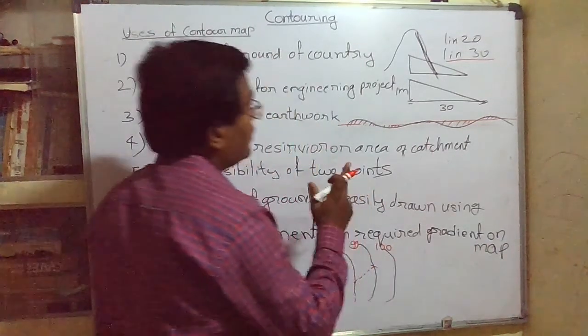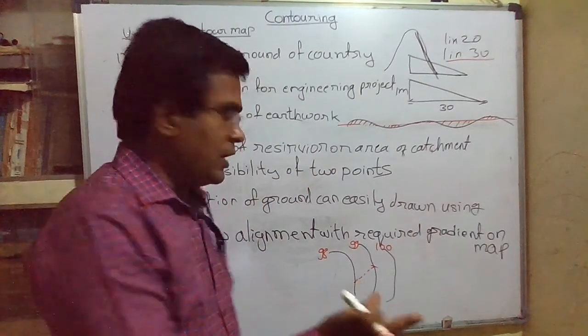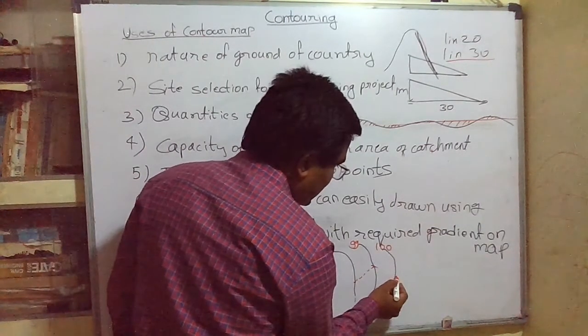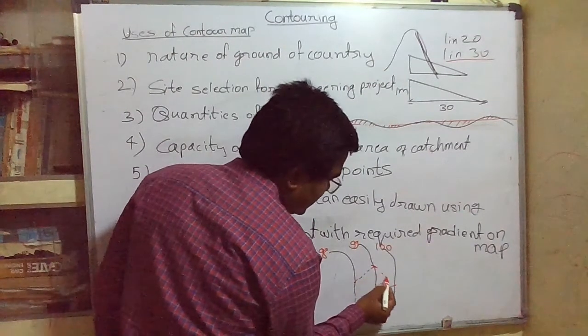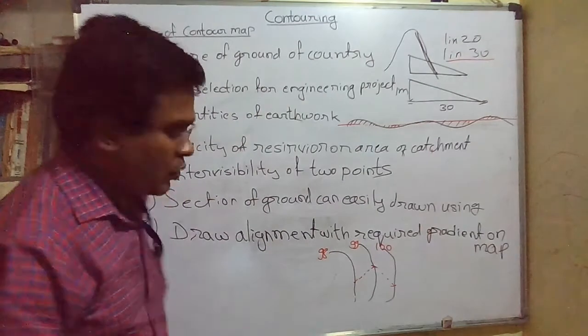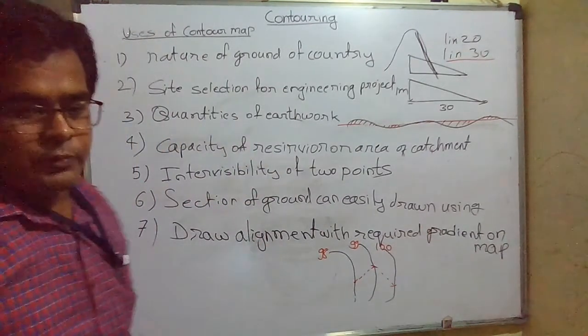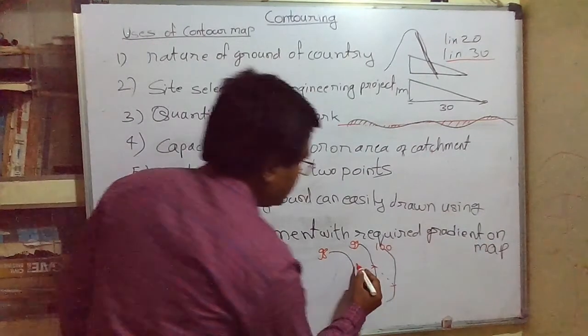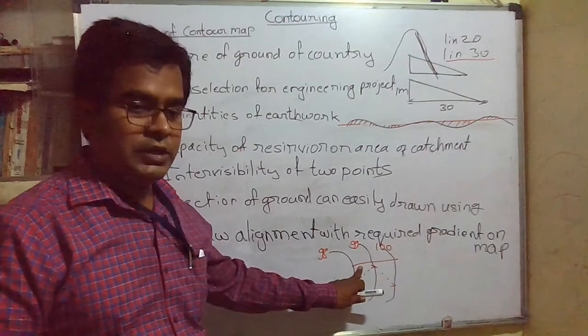I said 1 in 30, so we convert 30 meters with the scale, and with that I again choose a point. Suppose this is here, so this is my next point. So my road will go like this. We don't select a road like this, because it will not follow the gradient.